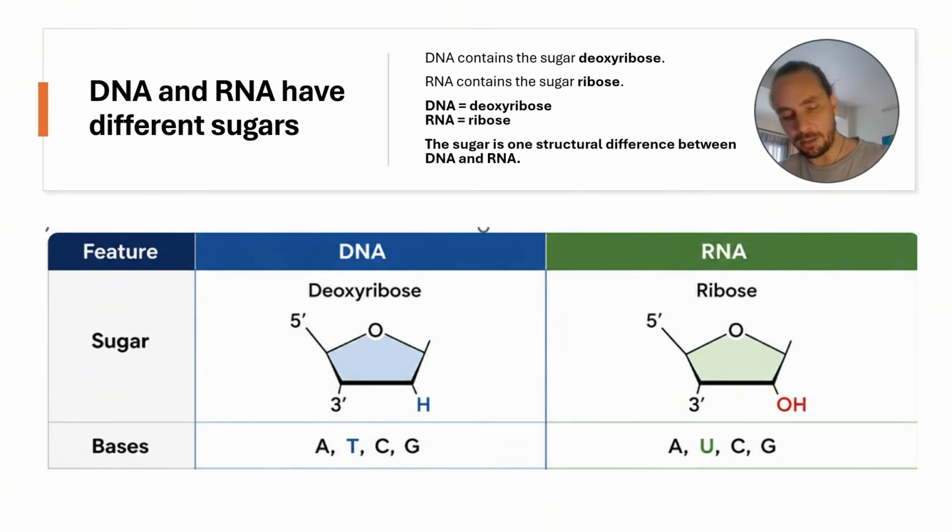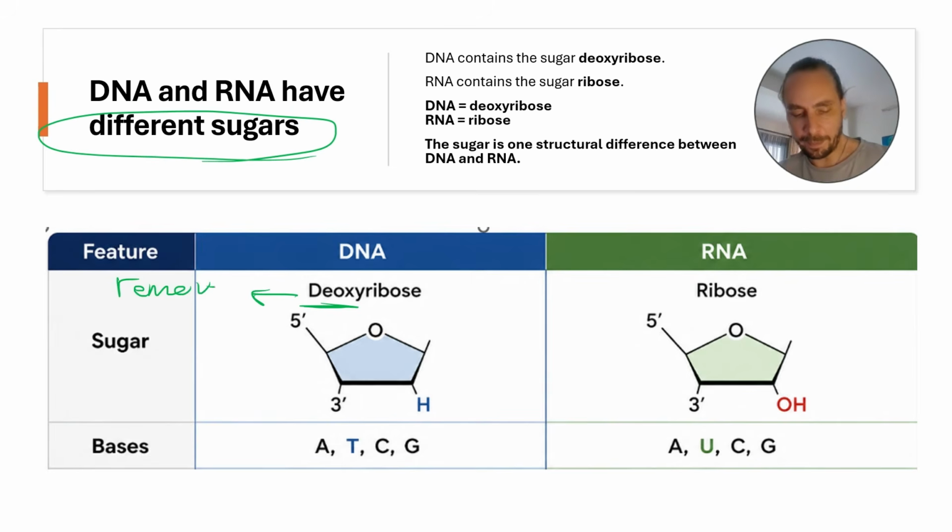Now, DNA and RNA have different sugars. DNA contains a deoxyribose. D means to remove, and oxy is the oxygen. So it removed the oxygen, and it's a ribose sugar, a 5-carbon sugar.